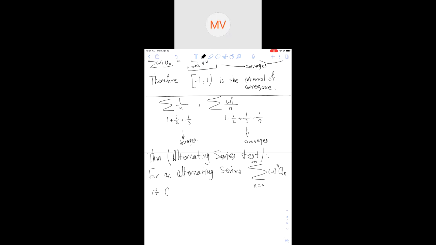if a sub n goes to 0, then the series converges. This theorem only works for this type of series. This is not an alternating series. This guy is alternating.